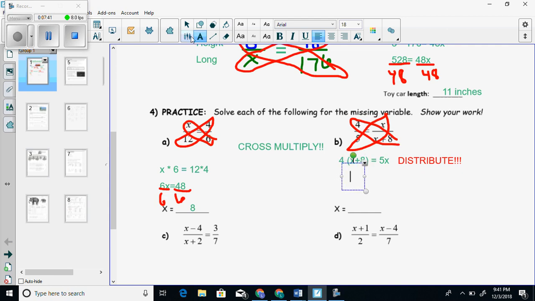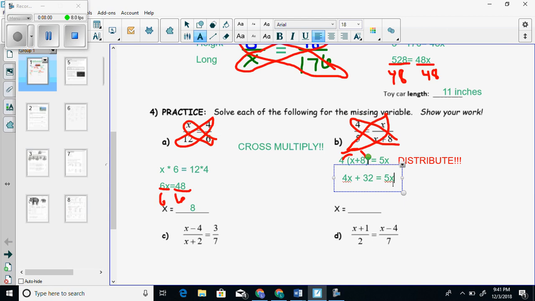So now I'm going to do 4 times x plus 4 times 8 equals 5x. So I have 4x plus 32 equals 5x. And I'm going to combine.